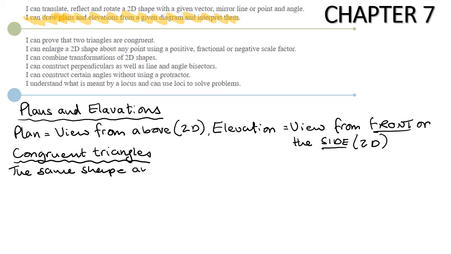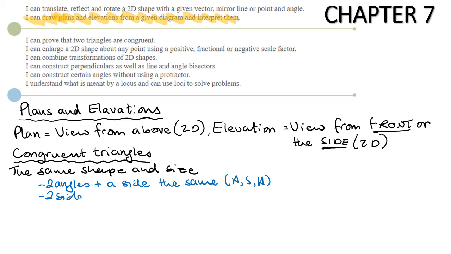The way we can determine if triangles are the same shape and size is by looking to see if they have two angles and a side the same, in which case we use the abbreviation ASA, or whether they have two sides and one angle the same, and they must be in the same positions, in which case we use the abbreviation SAS.